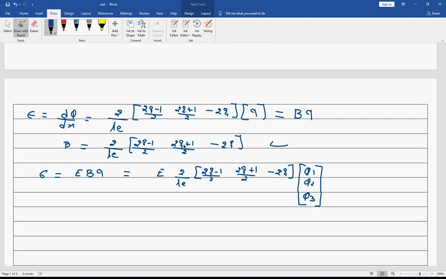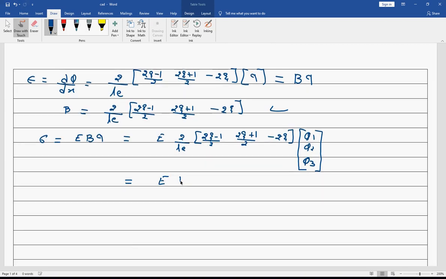Now one of the most important things: in first order, we used to get E, B was 1 by Le, and that was minus 1, 1, and I was having Q1, Q2, for sigma for first order.